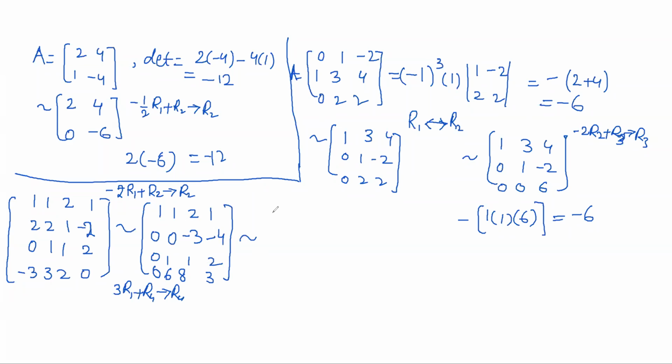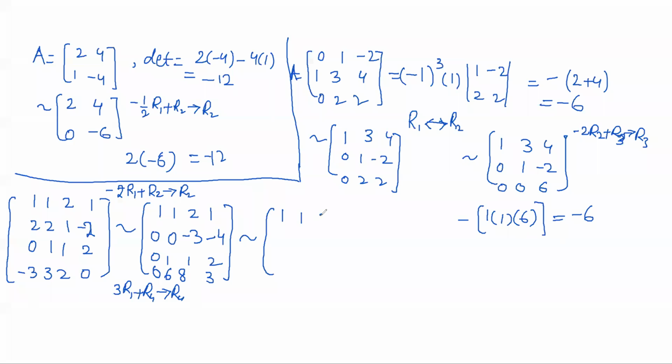Okay. So now we can see that this second row has a diagonal element which is 0. So this will not be very useful for us for finding the determinant. Therefore, what we can do is interchange the second and the third row.